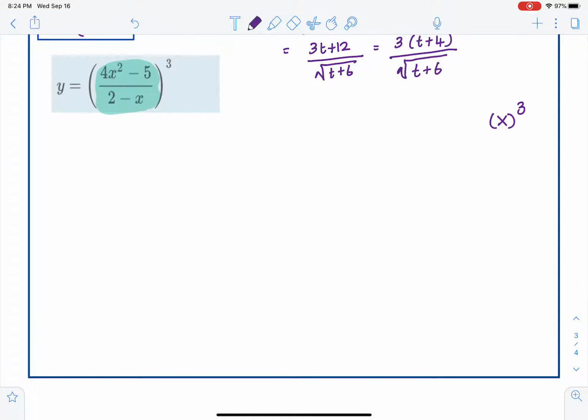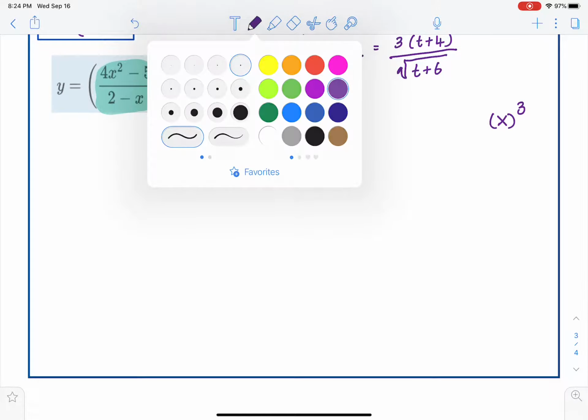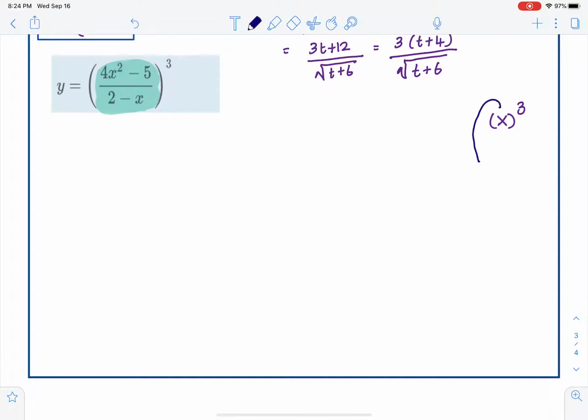You may even call it u. So we have x cubed, and 4x squared minus 5 over 2 minus x, which is another function, goes in, displaces the x to give us 4x squared minus 5 over 2 minus x cubed, which tells us that we have to use chain rule.